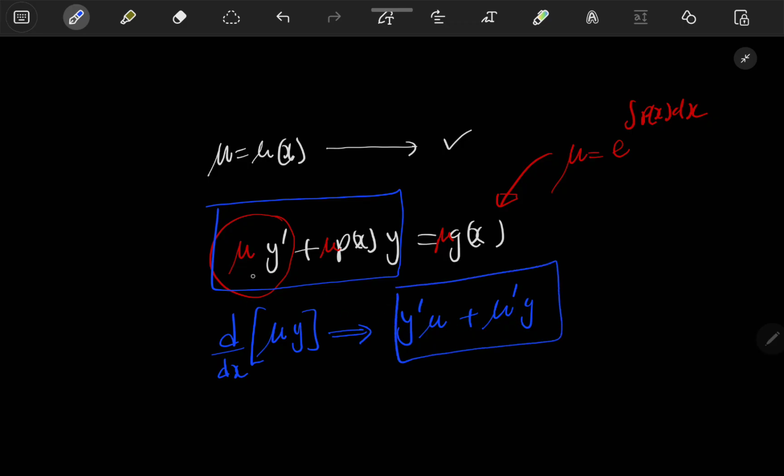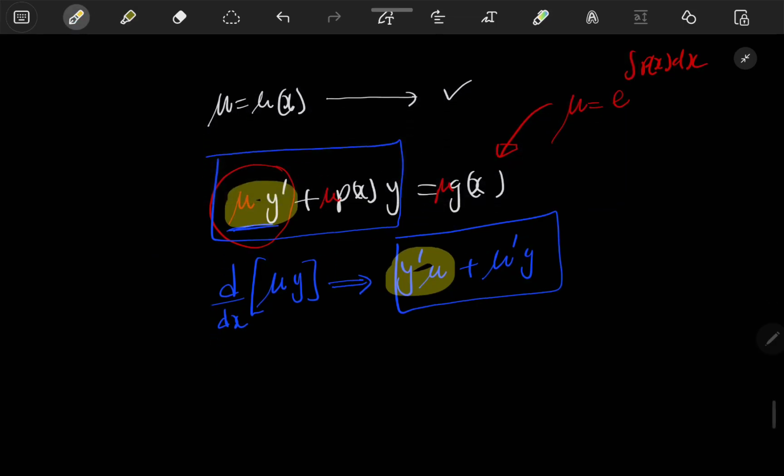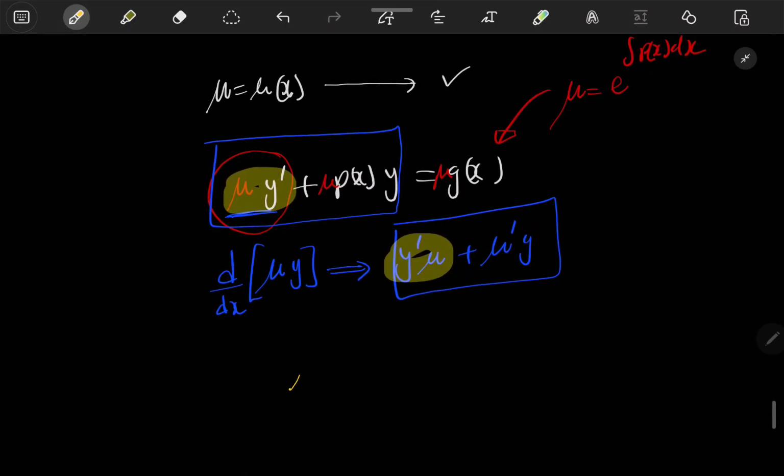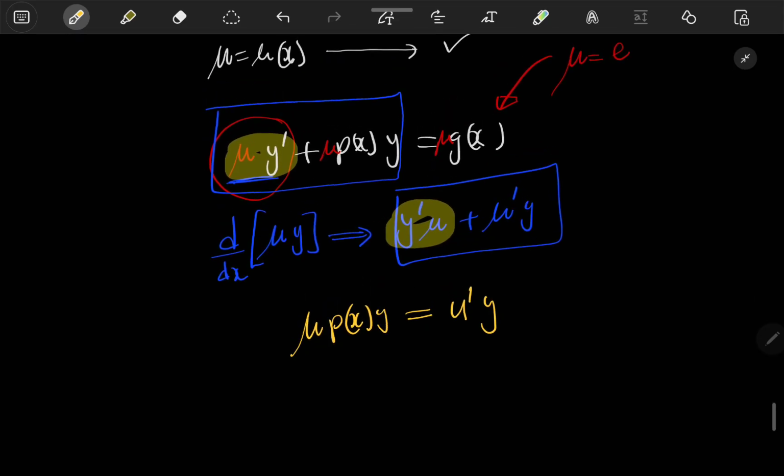Obviously the first term and the first term are the same. But now what about the second term? The second term is mu p(x) y. I'm saying that should be the same as mu prime y, because these are the same thing.